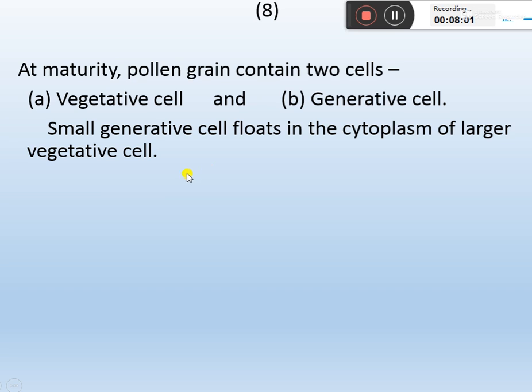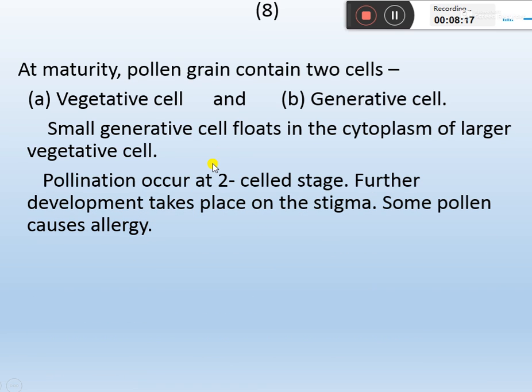The generative cell, since it is small, floats on the surface of the cytoplasm, as the vegetative cell contains different types of carbohydrates and minerals. So pollen grains are a rich source of various nutrients.